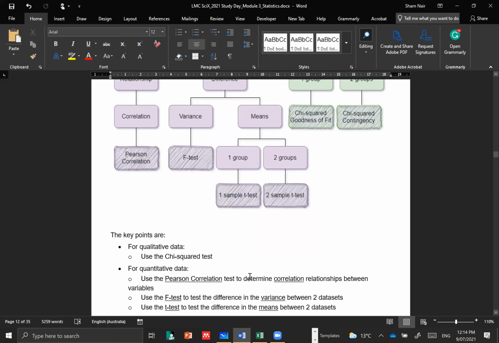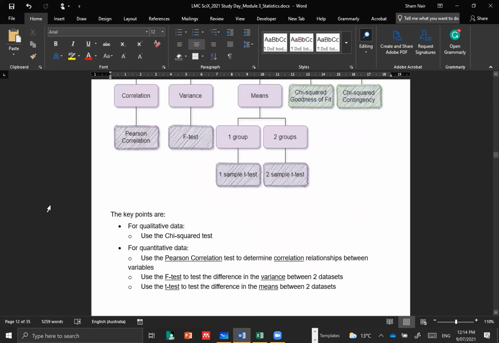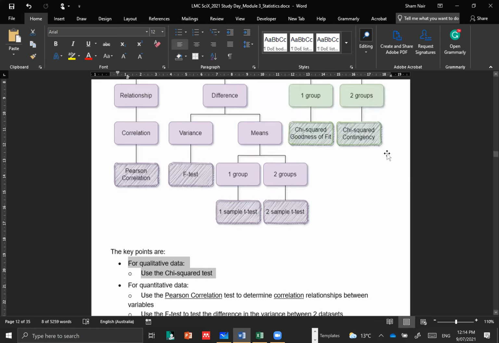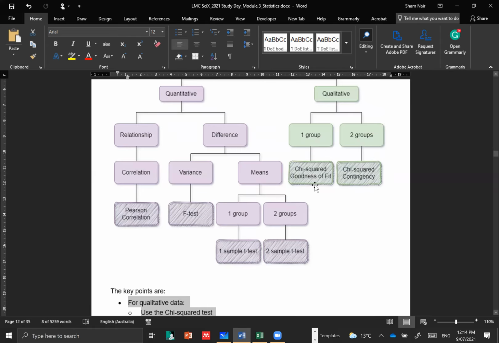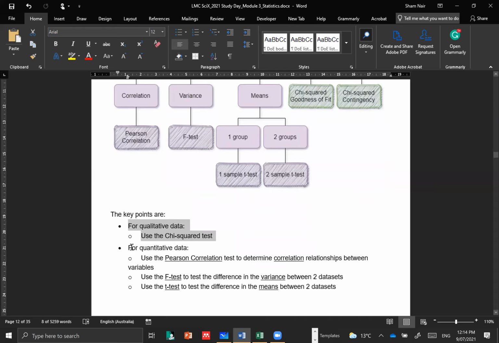But here once again are the key points. If you're working with qualitative data, there's only one test that you need to know of, the chi-square test. If you're using quantitative data, then Pearson to determine the correlation coefficient or the relationship between two data sets.